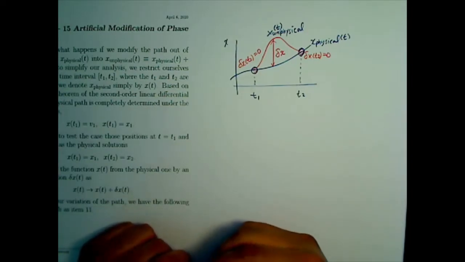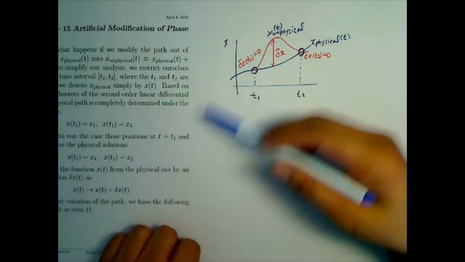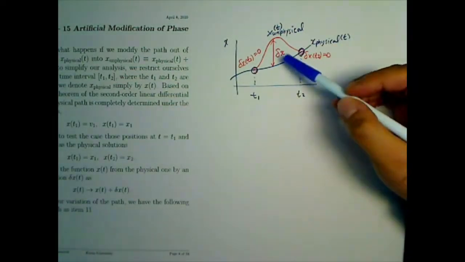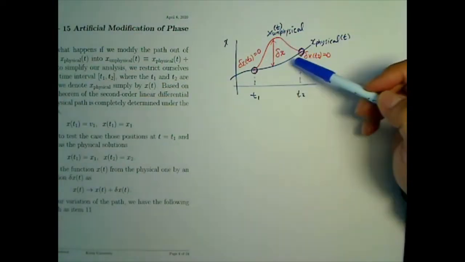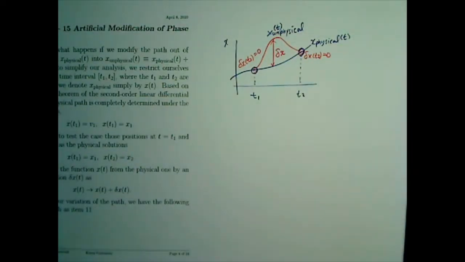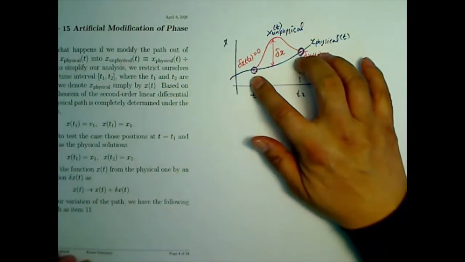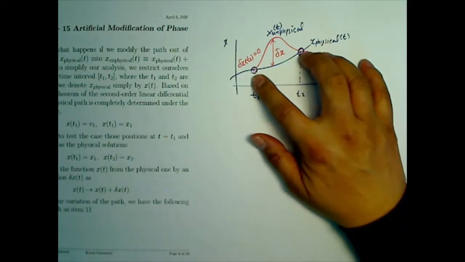So at the end of the day, you will find that this unphysical variation should vanish on the actual physical path. So we cannot allow variation at the endpoints.